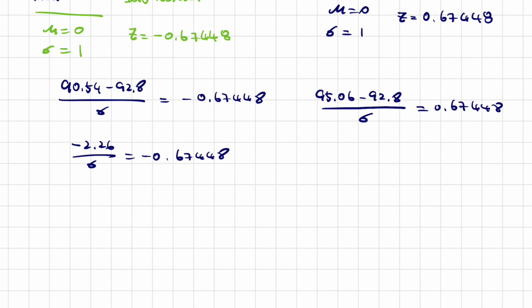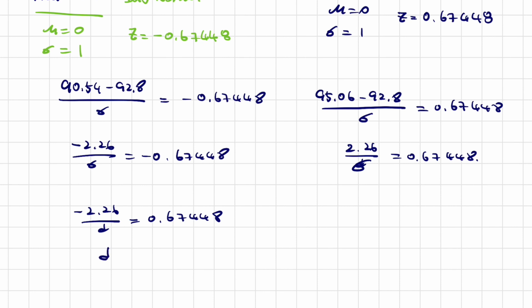For the second part, we get 2.26 over D, the standard deviation, equals 0.67448. Since the standard deviation is equal to D, negative 2.26 over D is equal to negative 0.67448. Then solving for D gives us the value of 3.3511. And same for the second case, the D value is still 3.3511. So we can say that the D value, the standard deviation value, is equal to 3.35.